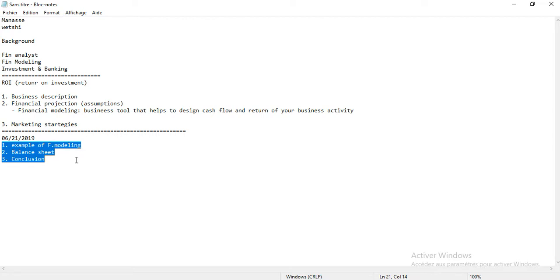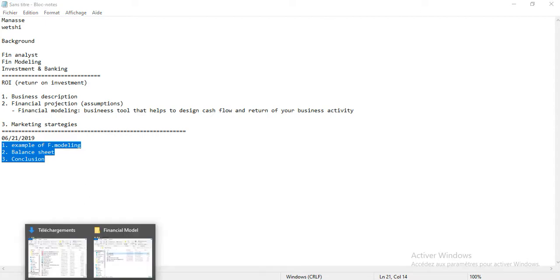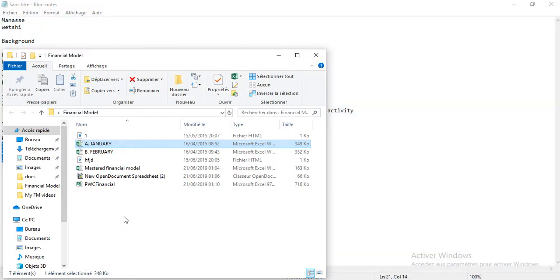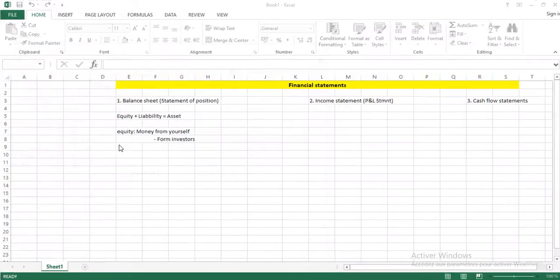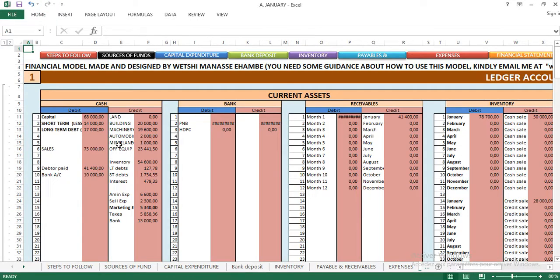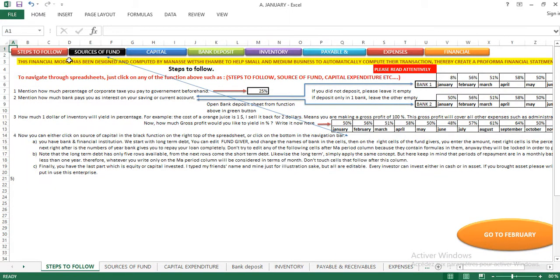All right. So let me go through a couple of files I have put together here. I got this one, for instance. Yeah, you can see here this financial modeling, how it works.